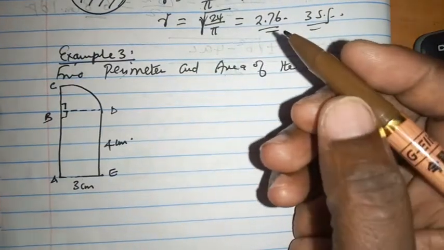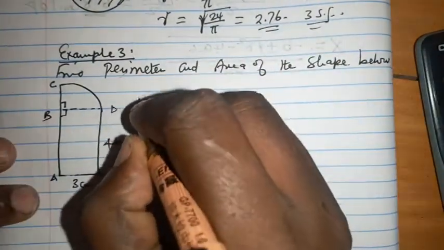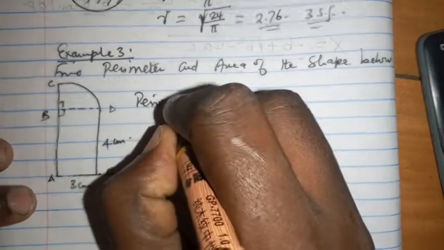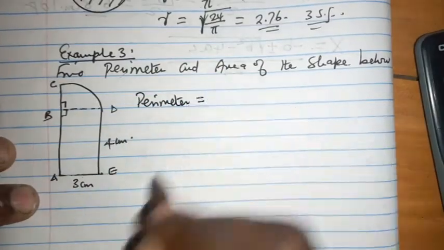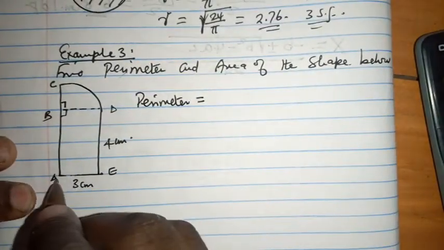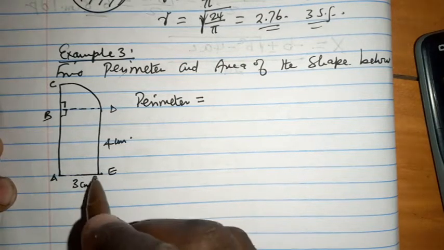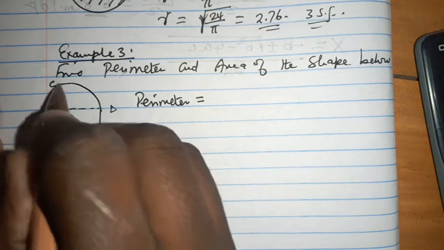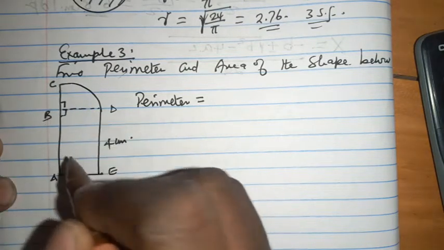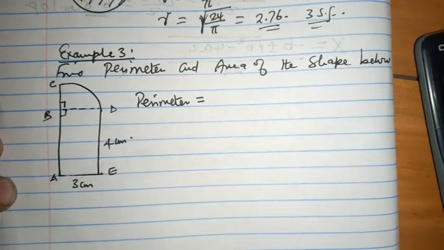Let's start with perimeter. If we start from this particular point, we need that stretch plus that stretch plus that curve plus that stretch and plus that stretch.